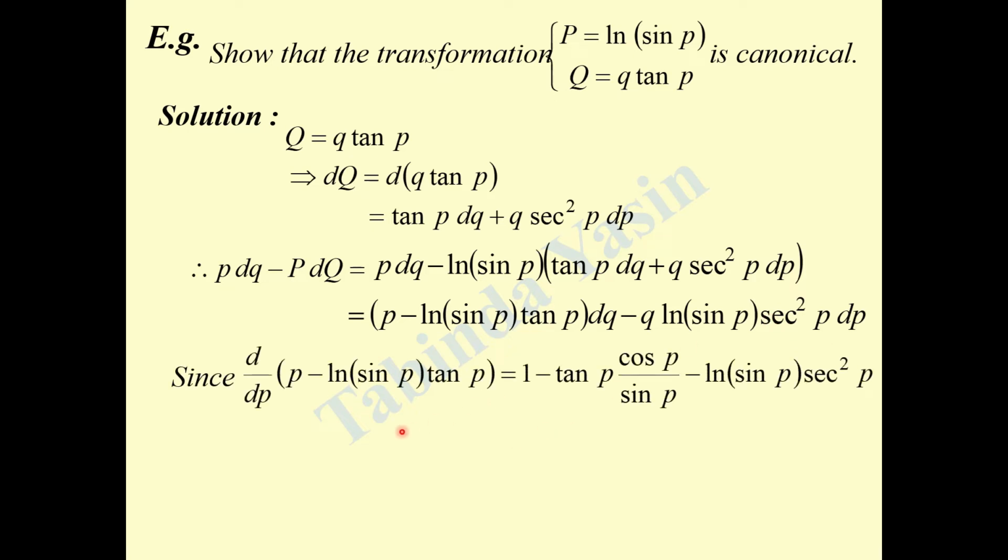Since the derivative with respect to p of (p minus log of sin p into tan p) is equal to 1 minus tan p cos p over sin p, by solving that it is minus log of sin p secant square p.